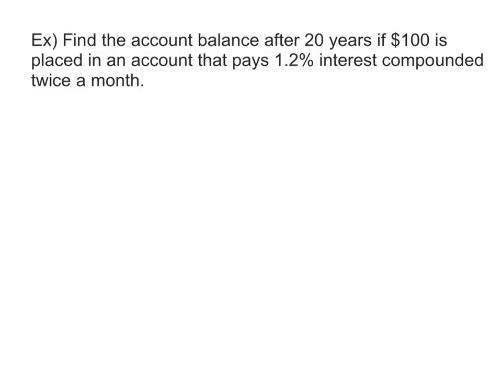All right, so with this one, find the account balance after 20 years if $100 is placed in an account that pays 1.2% interest compounded twice a month. So first of all, our principal is going to be our $100. Our rate is 0.012, and then the number of times we compound it, since it's twice a month, would be 24 times.